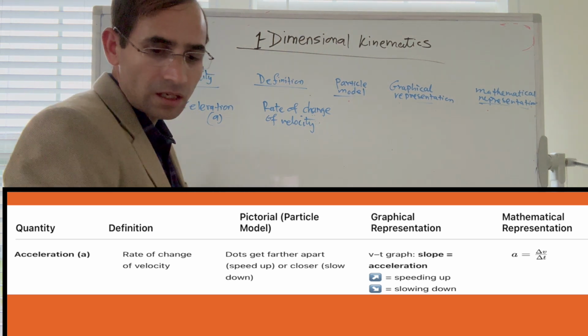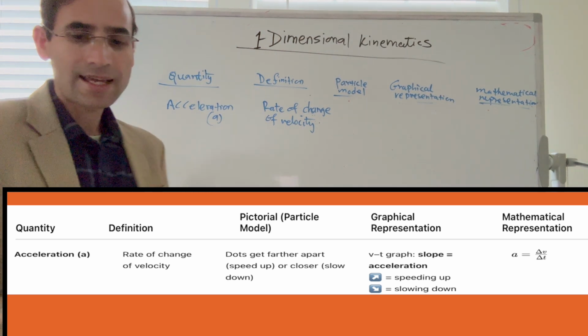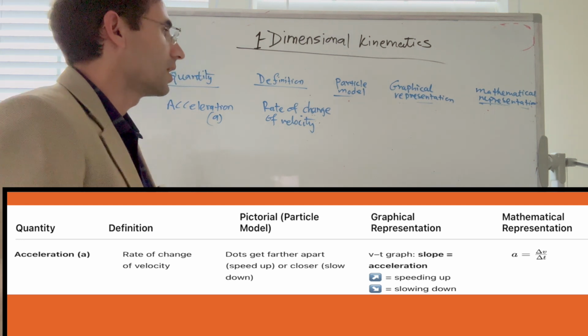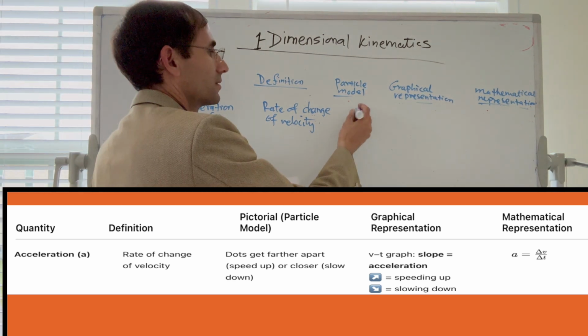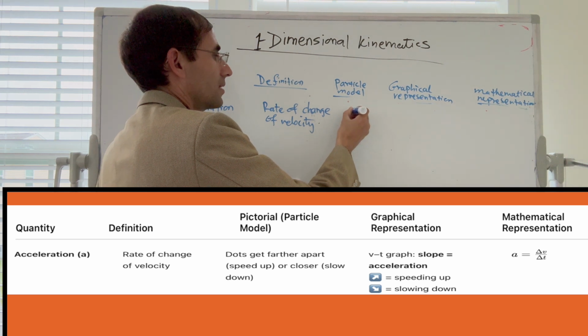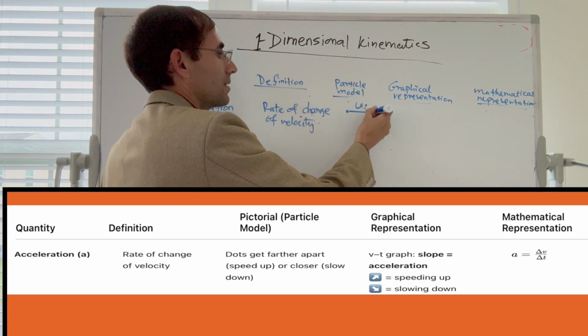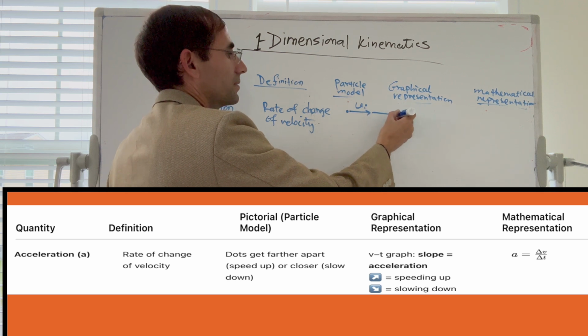Suppose the initial velocity vector is vi, and the final velocity vector is vf.